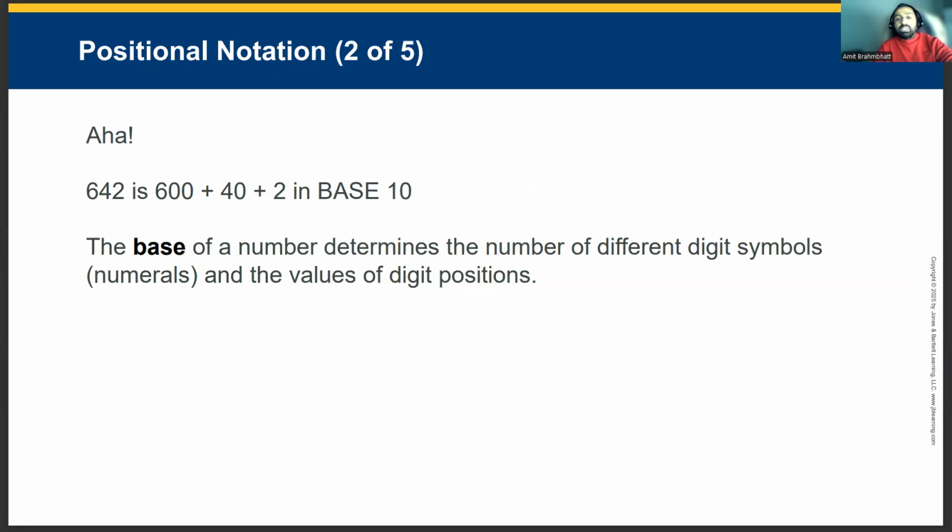Base determines the meaning. So, the base of the number system determines both the number of symbols available and the value of each digit's position. In base 10, each position represents a power of 10. In other bases, positional values change accordingly.